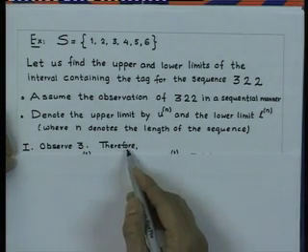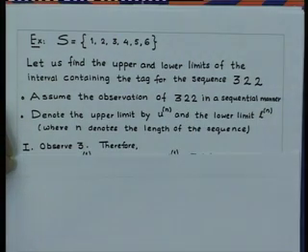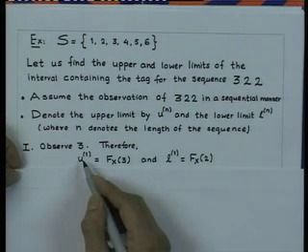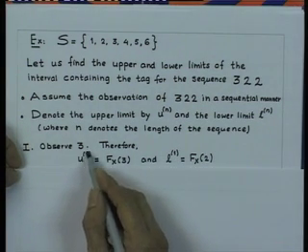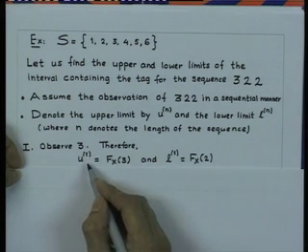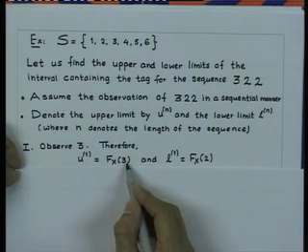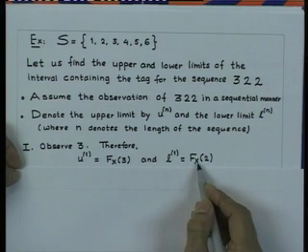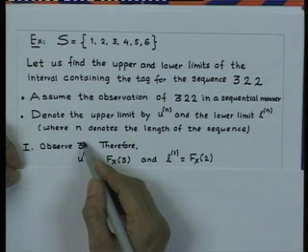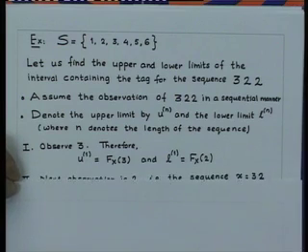Therefore, let us generate the tag at the stage when we observe the symbol corresponding to 3, that is S3. Then U1 is given by Fx(3) and L1 is given by Fx(2). So, 1 denotes the length of the sequence at this stage. This is the upper limit and this is the lower limit.